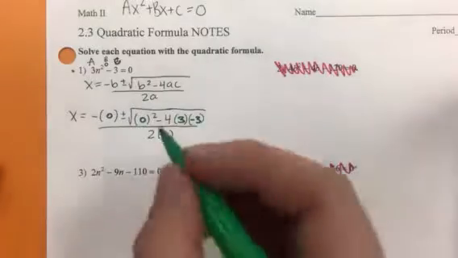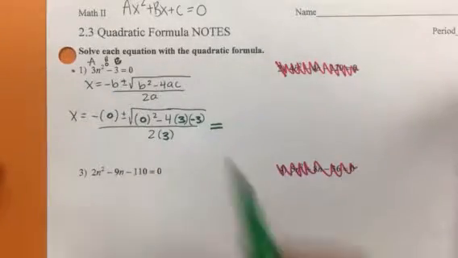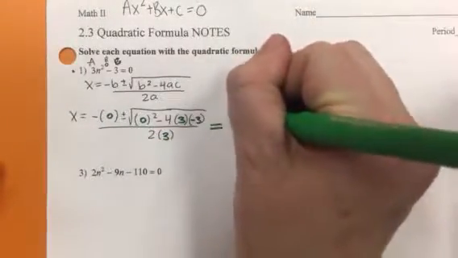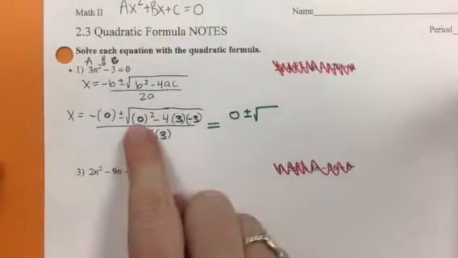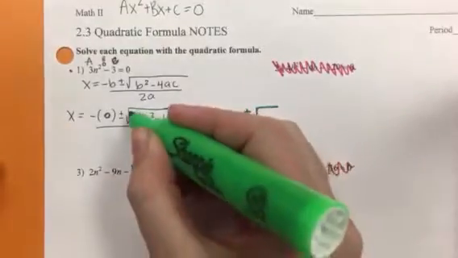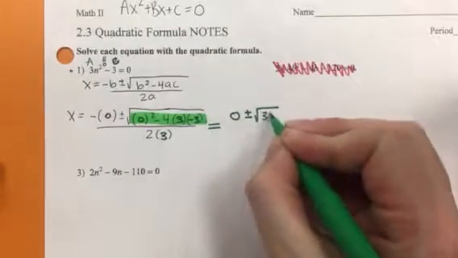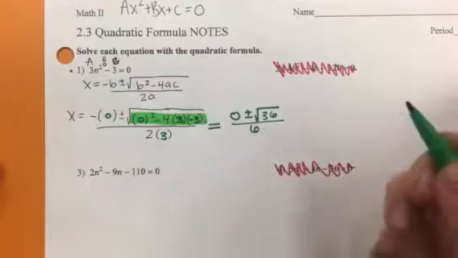When I simplify it, I'm going to enter it in my calculator. Let's check first. Negative 0 is just 0, plus or minus the square root. I'm going to enter this into my calculator to check what this piece is going to equal. And when I enter that in, I get 36 over 2 times 3, which is 6.